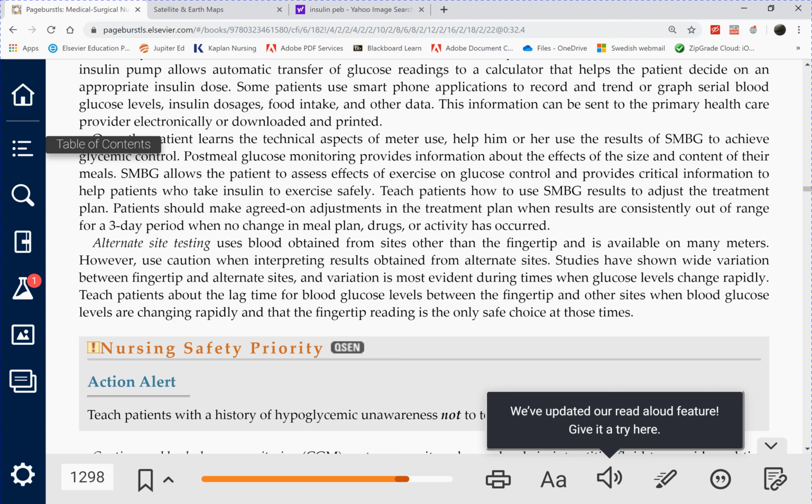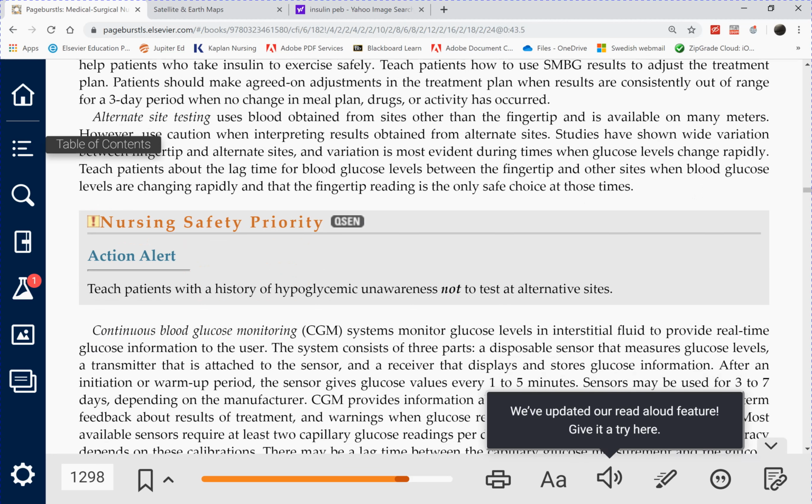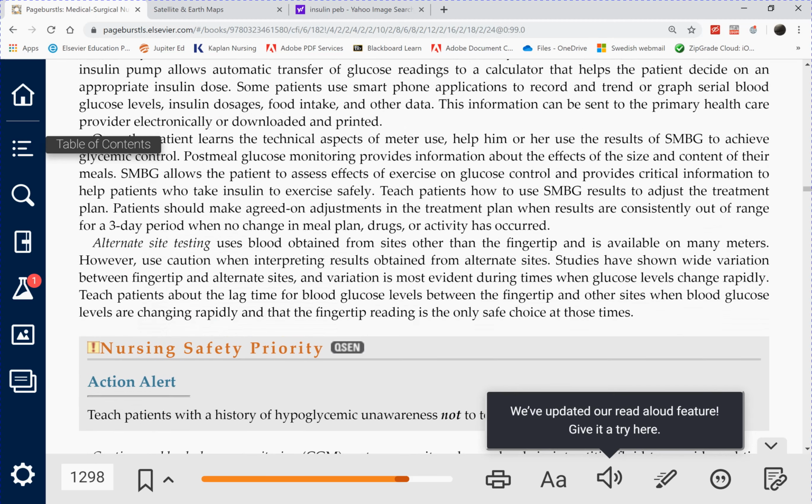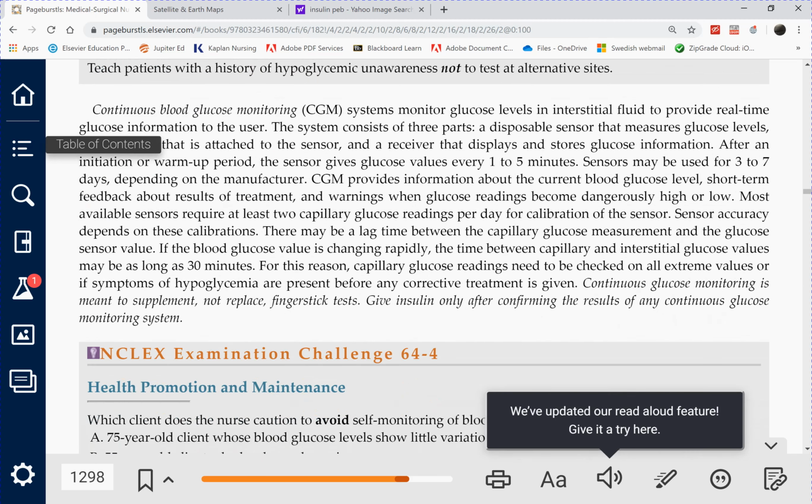So making SMBG more user friendly also increases compliance, because of course, nobody likes to stick their fingers 4 times or more a day, right? So these alternate site testing options provide them that flexibility.